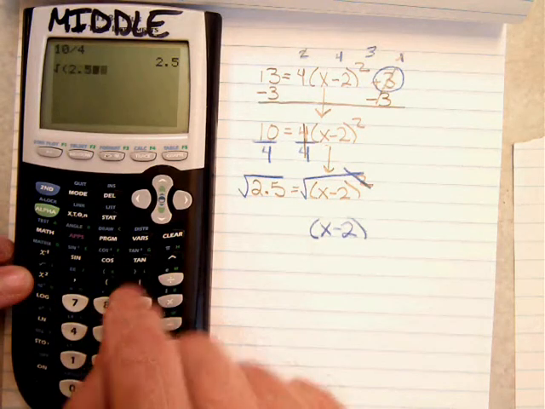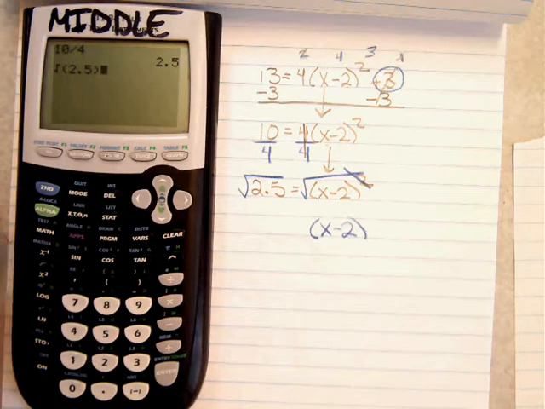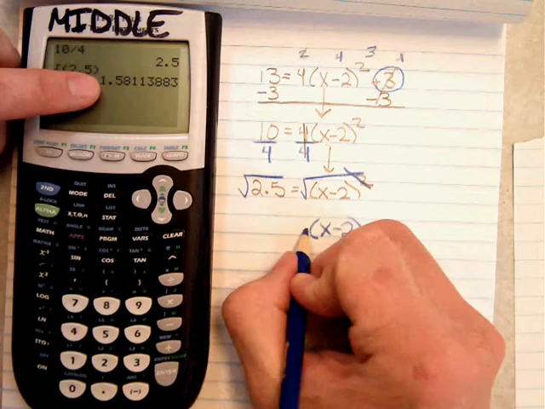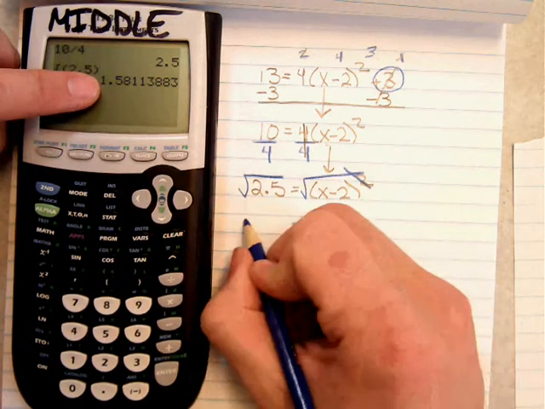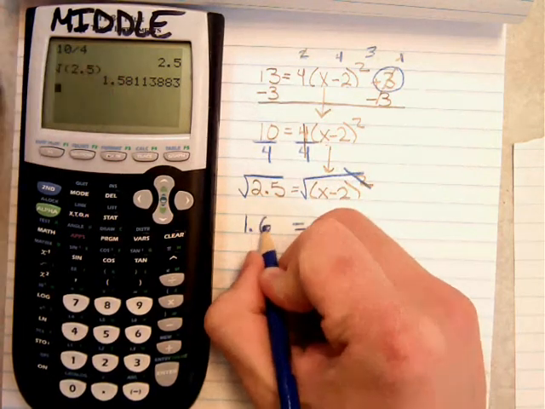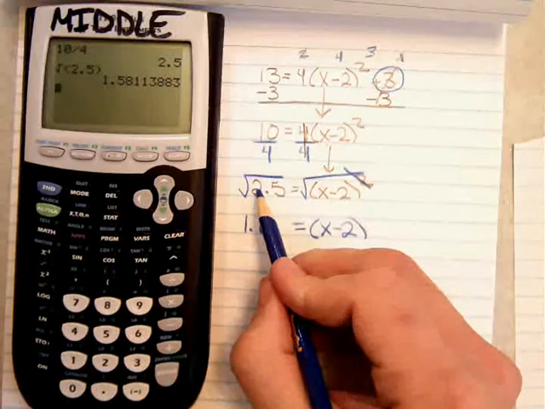You always want to do that just in case you put another value behind there, it will mess up your answer. And we have 1.58. For ease, at this point, I'm just going to round to the tenth. So 1 point 5, 8 makes that 5 become a 6. And remember, when we take the square root, there are going to be two answers, plus and minus.